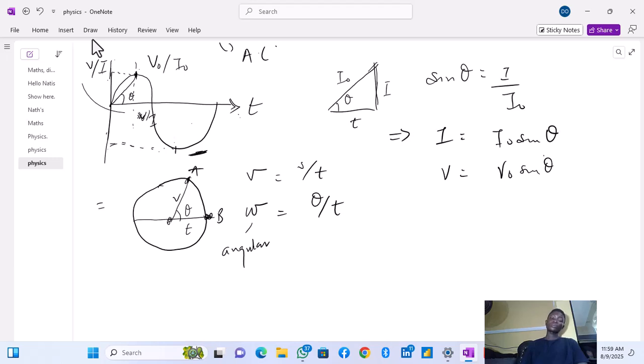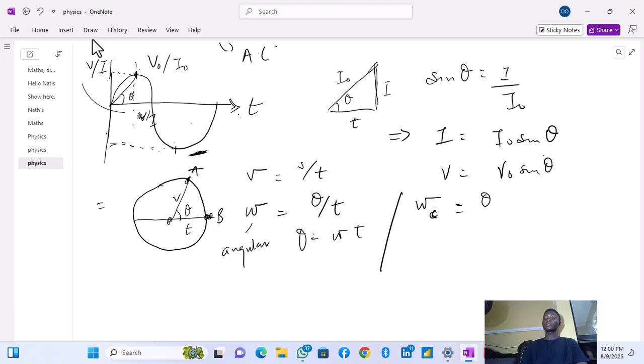And then I can say that my theta is omega t. So we have that, and don't forget, we have two cases actually. What if I'm dealing with a whole complete cycle? Let me call it omega c, omega for the complete cycle.